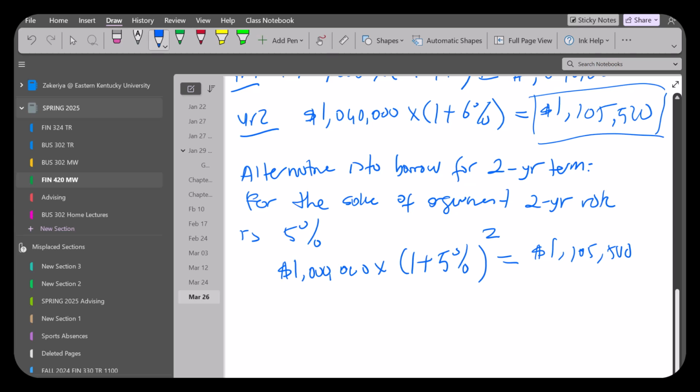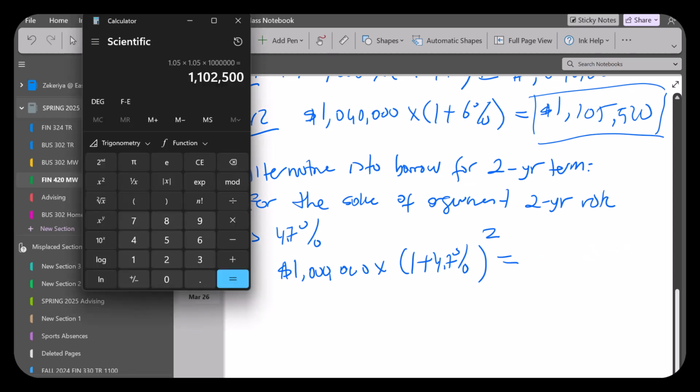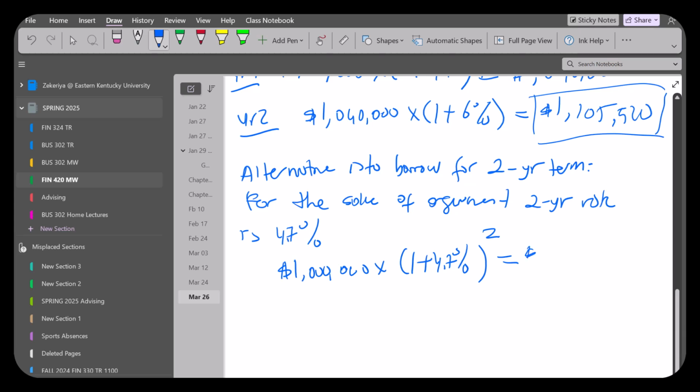Of course, or let me change this. Let's make this 4.7%. Oh, 962.